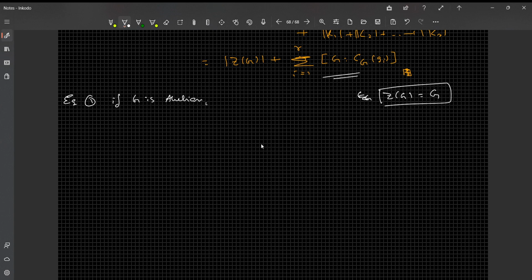And every centralizer over all the elements Gi is obviously equal to ZG, by definition. So in this case, G must be equal to ZG. Therefore, all conjugacy classes are of size 1. Therefore, if you represent G as a summation of each individual conjugacy class, it can be written as 1 plus 1 plus 1. Correct?